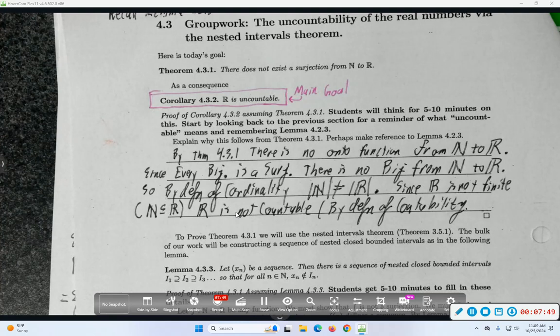So the new goal is to prove theorem 4.3.1. Let's just unravel that statement.